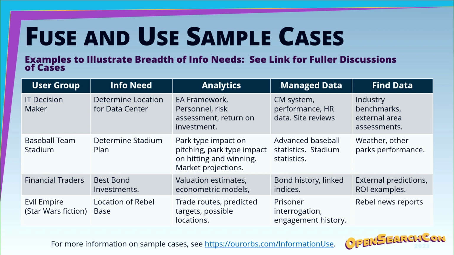You're going to look at your development costs, location, personnel. So your analytics are going to have a fairly robust trail to them. You're going to have some formats that will help you make that decision. But to do that, you're going to have managed data, which is your configuration management system, performance reviews, HR.